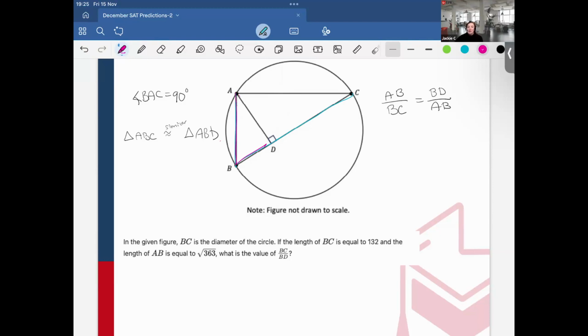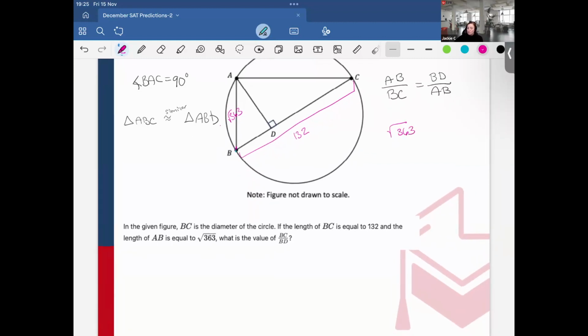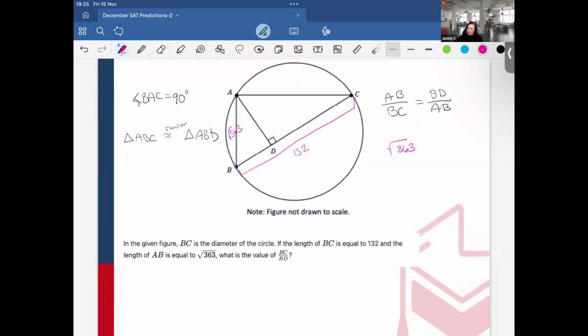Okay, so now I know that based on similar triangles the sides are proportional to each other. And then all I need to do is put in the values. And it really is just that simple. So AB, it's square root of 363. And BC, I know it's 132.